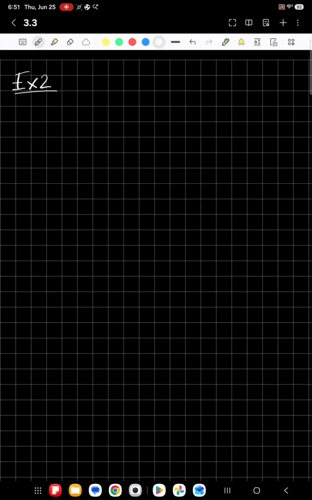So again, we're calculating the derivative of f of t. And the function looks like this, 5 times square root of t. So maybe this time I'll use the f prime notation, just to expose you to different types of notation. So f prime of t.